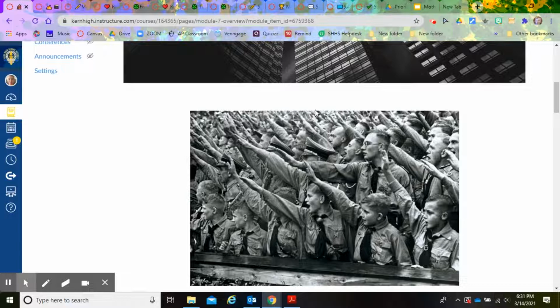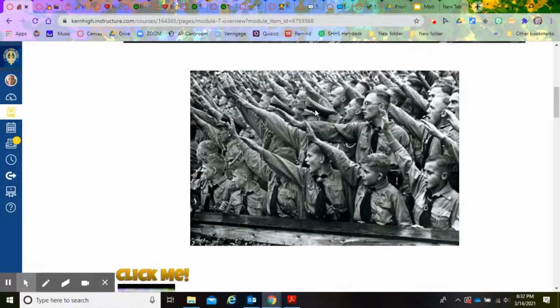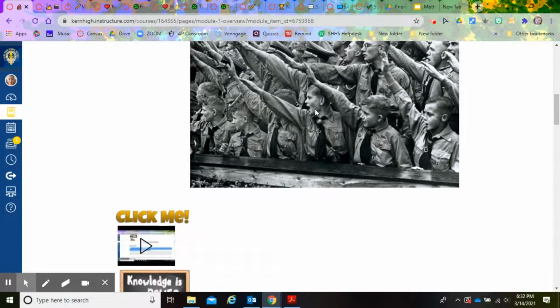Here is a good historical picture of the Hitler Youth. They were at a presentation or a parade of Hitler, and they're all praising him, and we're going to talk about that as well. That is a feature of fascism, which is a totalitarian form of government.